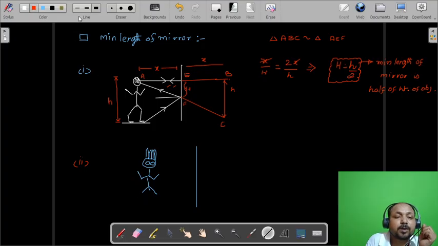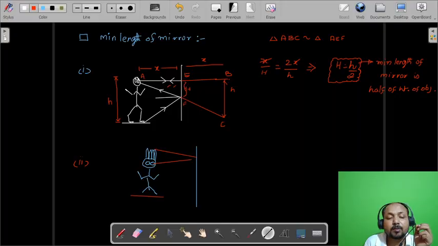This is the surface. Now let us see how we have to trace. From the top of the object the ray will be incident and it will enter the eye of the observer. This time the object is the observer also.